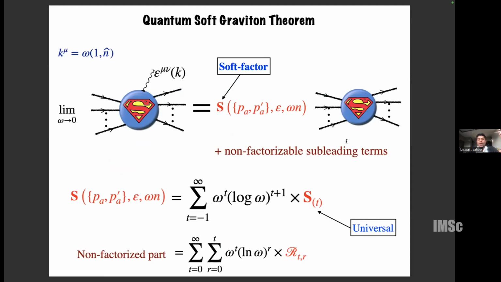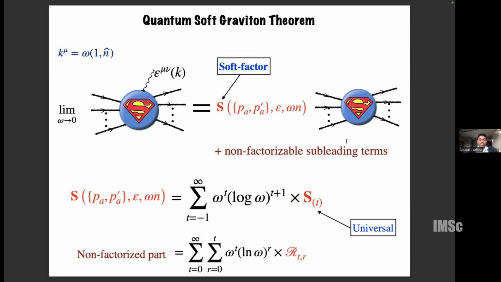Consider a generic scattering amplitude with scattering of some arbitrary number of particles. They could be any reducible representations of this 4-dimensional Lorentz group, and suppose this scattering amplitude also contains an external graviton with momentum k and polarization epsilon.